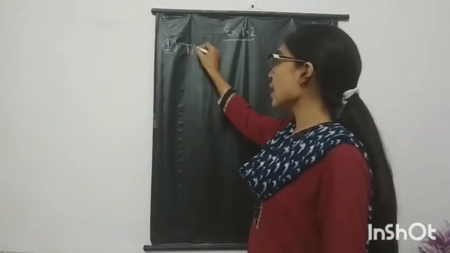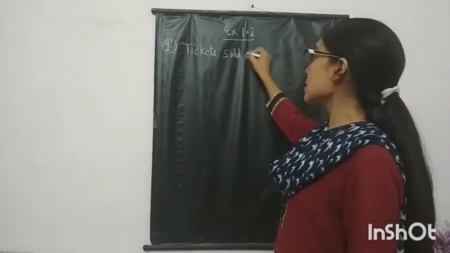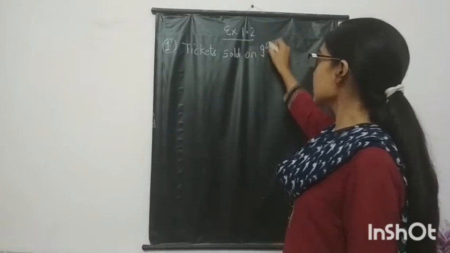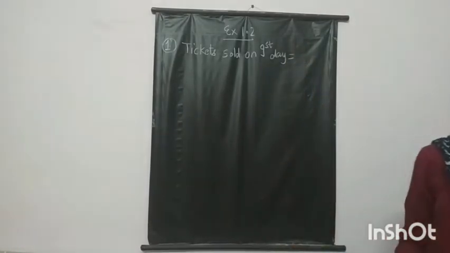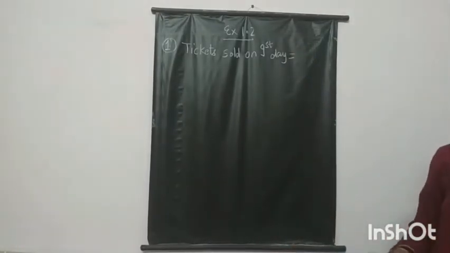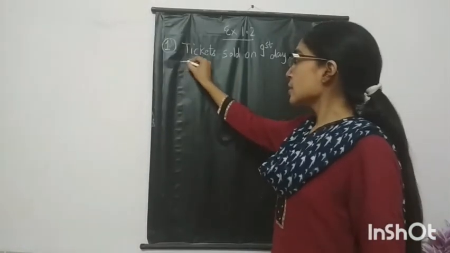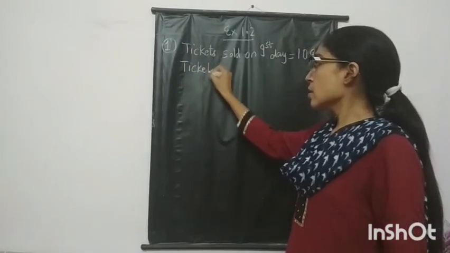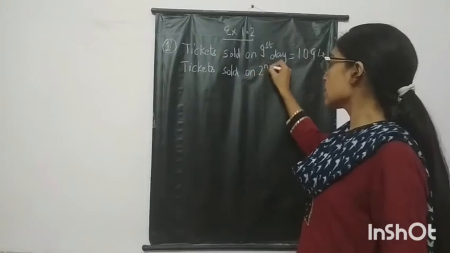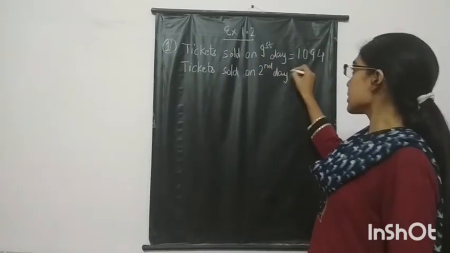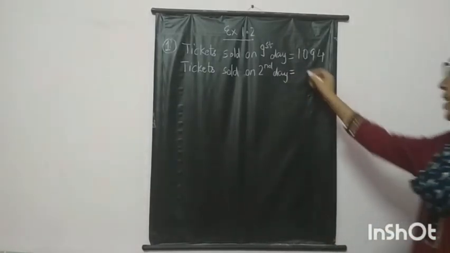So first of all we will write tickets sold on first day. It is given in the question how many tickets were sold on the first day. They said 1094. Then we will write tickets sold on second day. It's given in the question that tickets sold on second day are 1812.